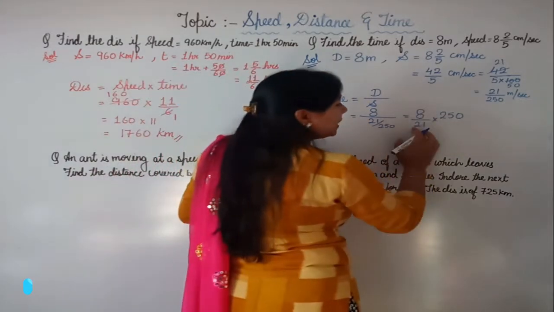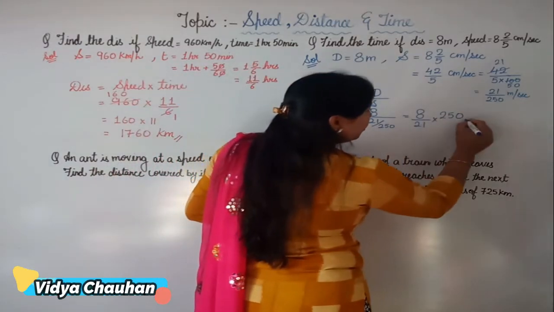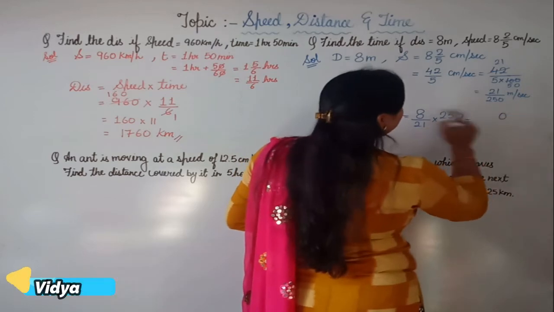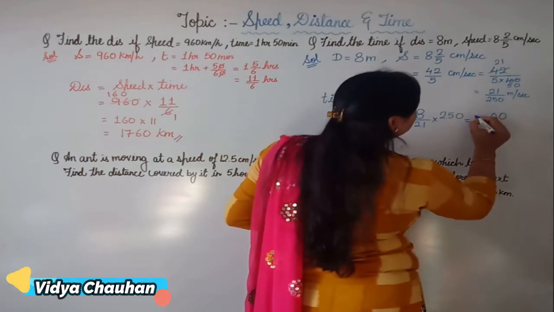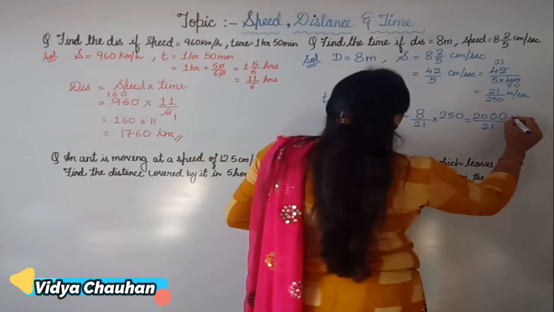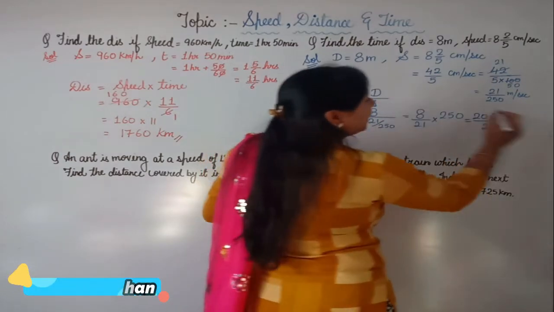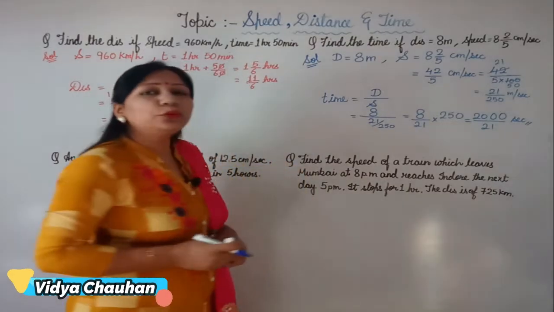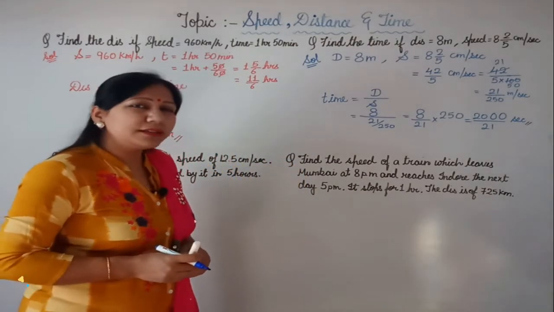So 8 multiplied by 250 upon 21. Multiplying, 8 fives are 40, so here 2000 upon 21, and that is time in seconds. So this is your answer, 2000 upon 21 seconds.